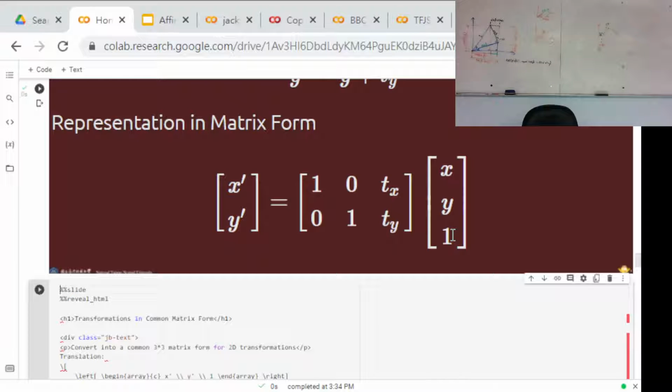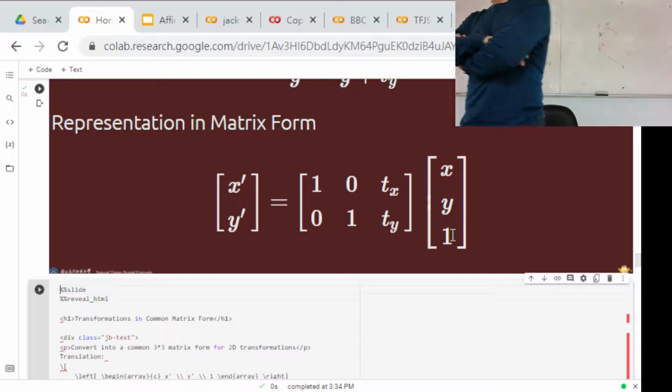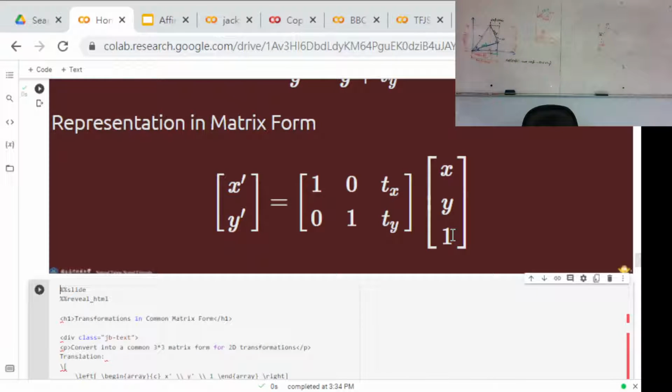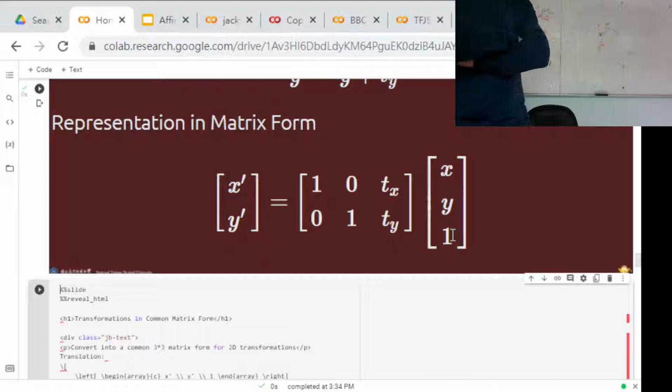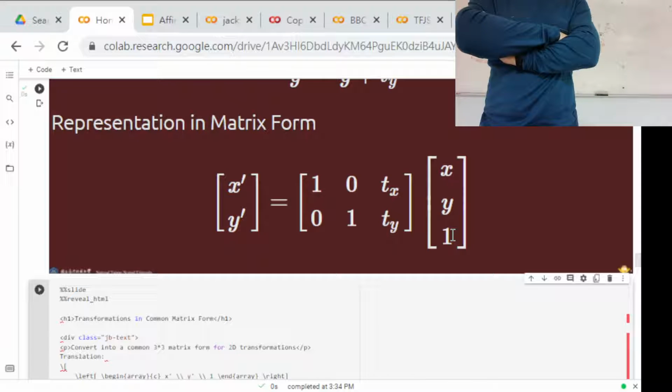So the simplest one is to just use 1. Now, mathematicians are never very happy with using these kind of irregular matrices. They much prefer to use square matrices. Right? They're easier to deal with. And in particular, the fun thing we can do with them is it's easier to invert them.